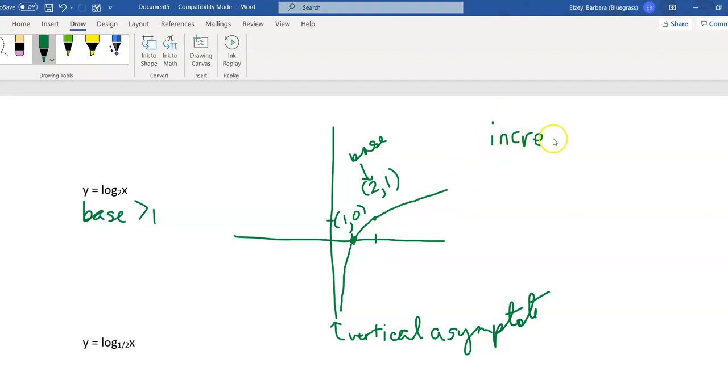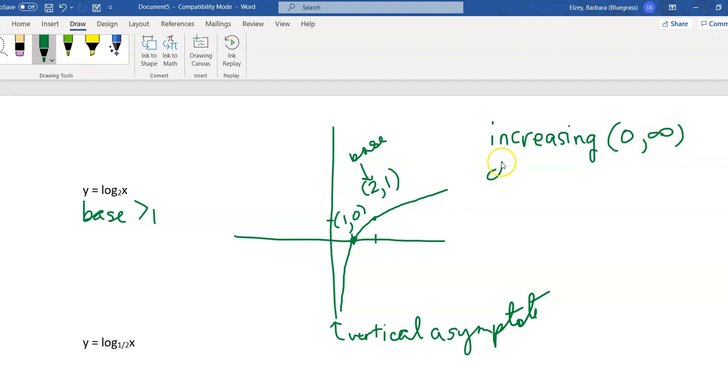And let's notice that it increases from where it starts. It really isn't over here on the left side of our y-axis. None of the negative x values are covered. So it starts at 0 for x and goes to infinity. And 0 is not included. Never actually gets to 0.